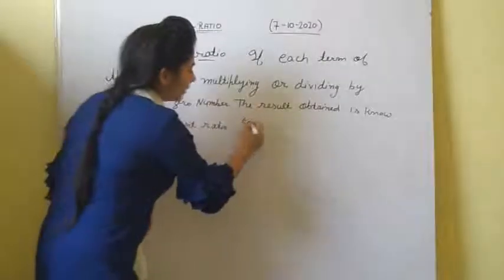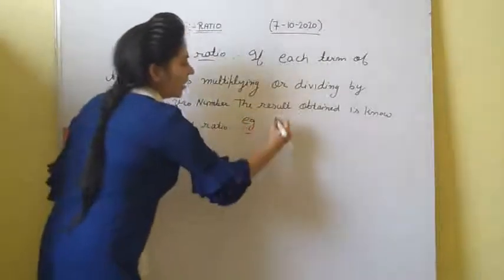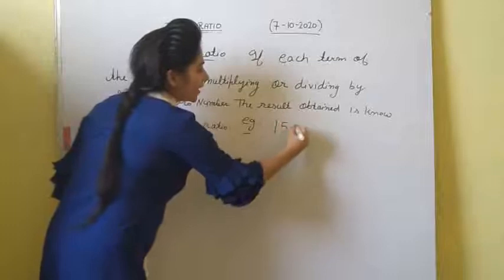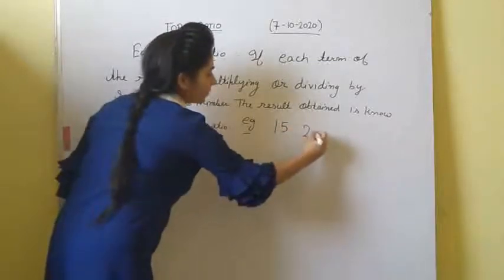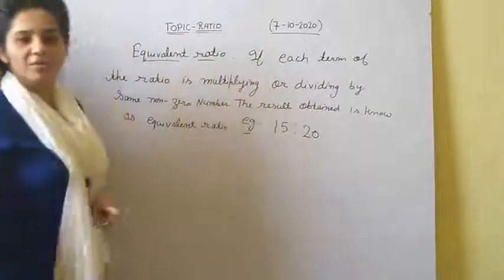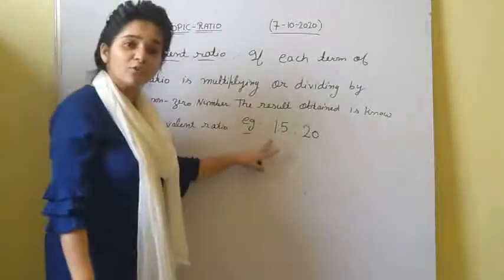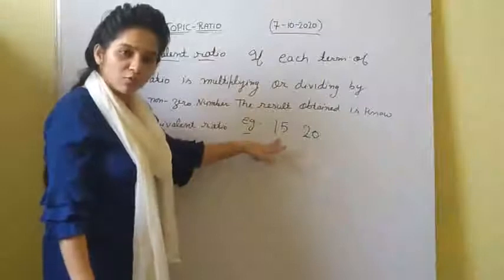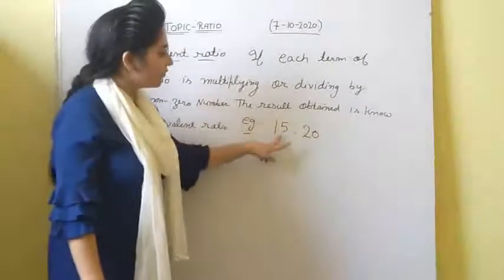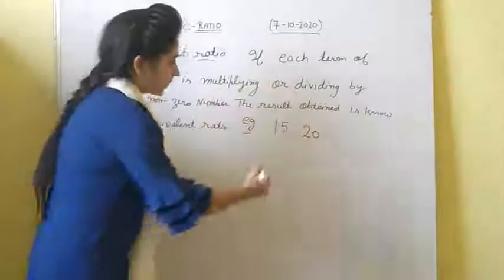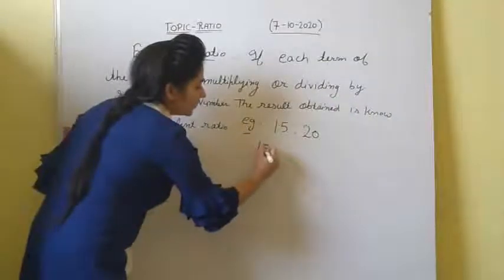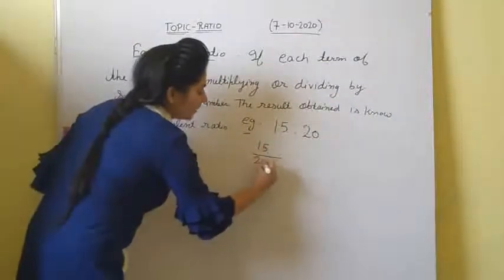For example, we have 15:20, and we have to find out the equivalent ratio of 15:20. We can write 15/20.